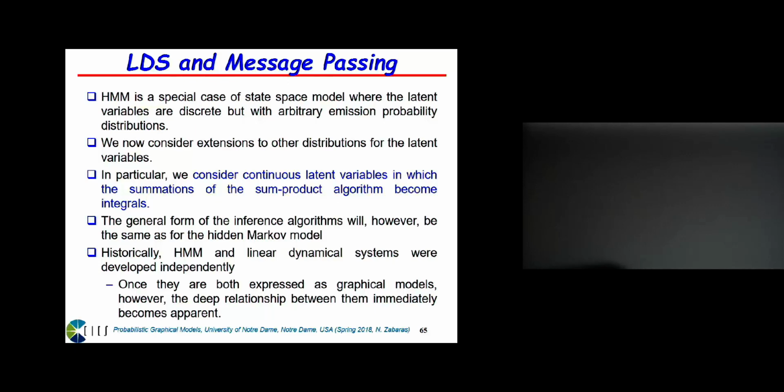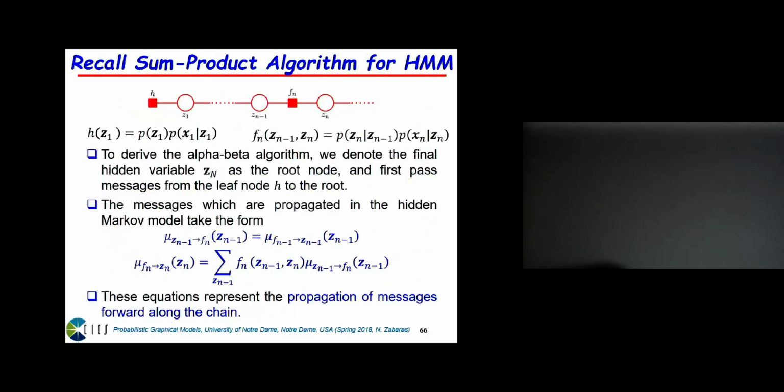All right. So let me review for you the factor graph that corresponds to the state space model of interest. The only thing that is different here that I want to remind you is that in the way we define these factor nodes, we incorporated both the transition model P of Zn given Zn minus 1, but also the observation model.